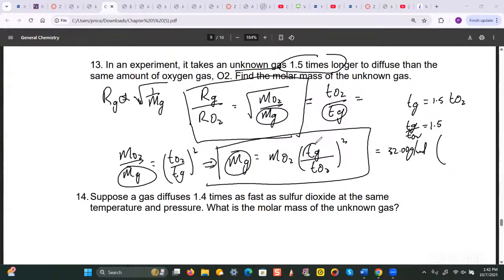So this here can be replaced by 1.5, squared. So let's see what that gives. 32 times 1.5 squared. And according to my calculation, this works out to be equal to 72 grams per mole. And that's how that is done.